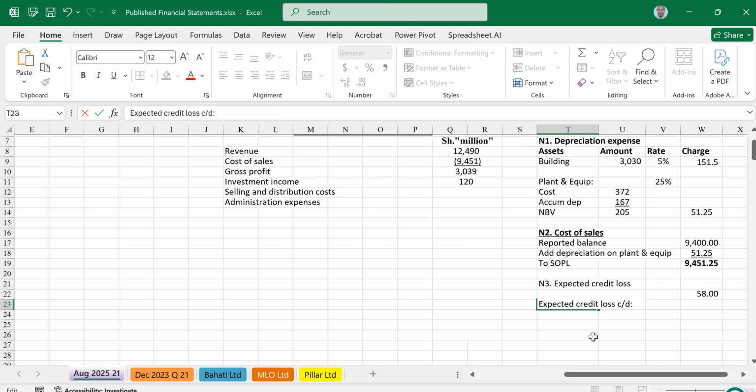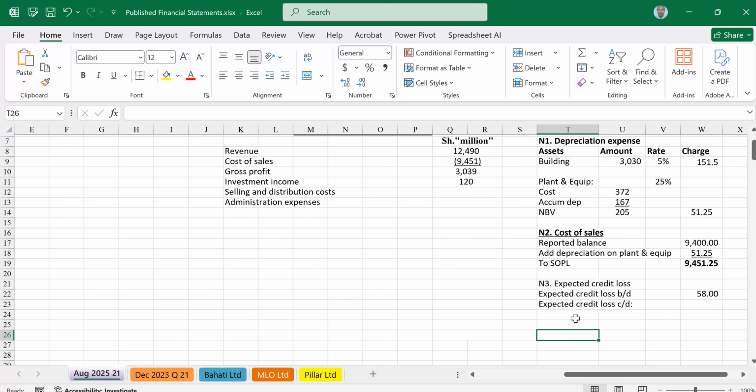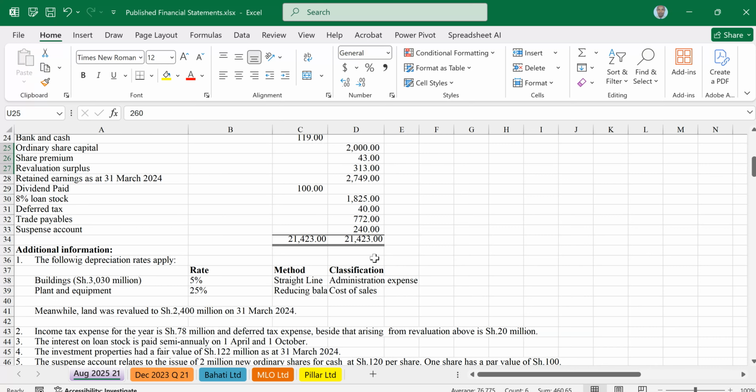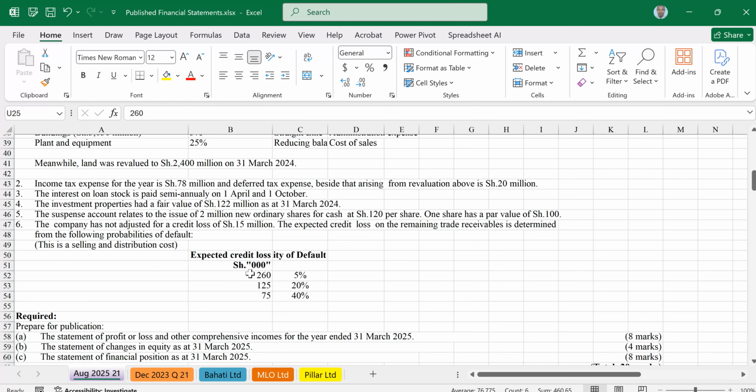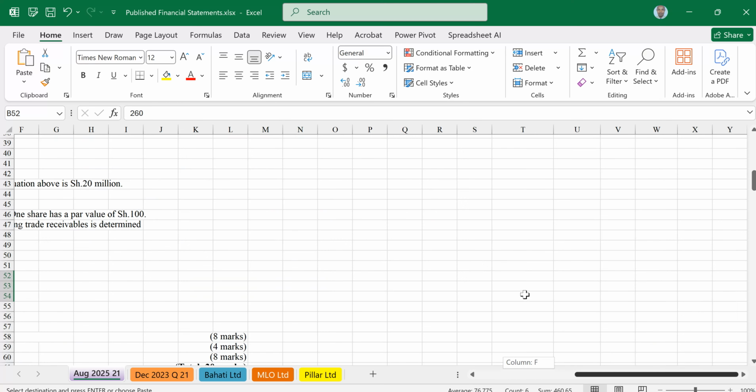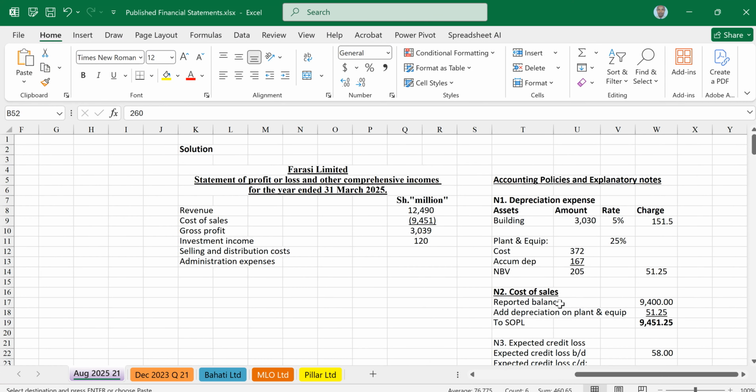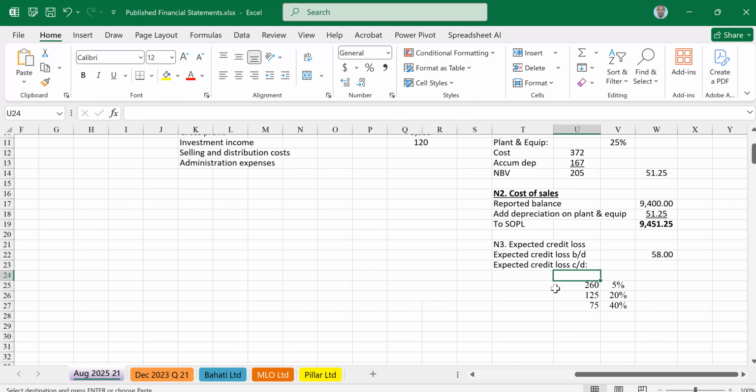Expected credit loss is from a probability, and we are going to calculate that probability from the figures that have been given. Additional information number 6, the expected credit loss amount and probability. We copy, then paste on the other side, amount and probability.